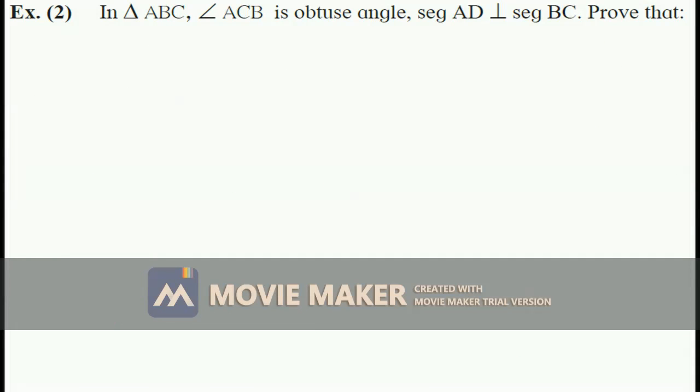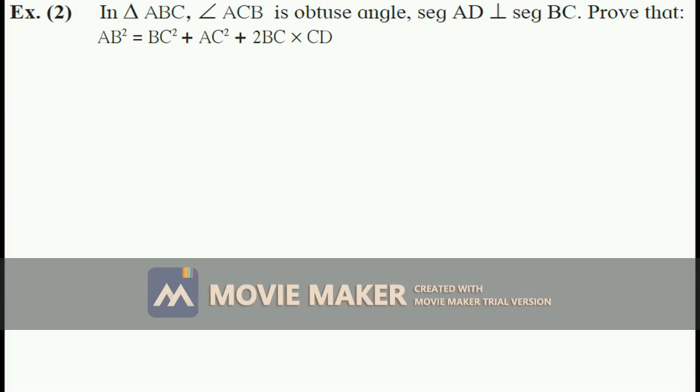Second example: in triangle ABC, angle ACB is obtuse. What do we mean by obtuse angle? The angle which is greater than 90 degrees. Angle C is greater than 90 degrees, then segment AD is perpendicular to segment BC, and we have to prove here AB square equals BC square plus AC square plus 2BC into CD.